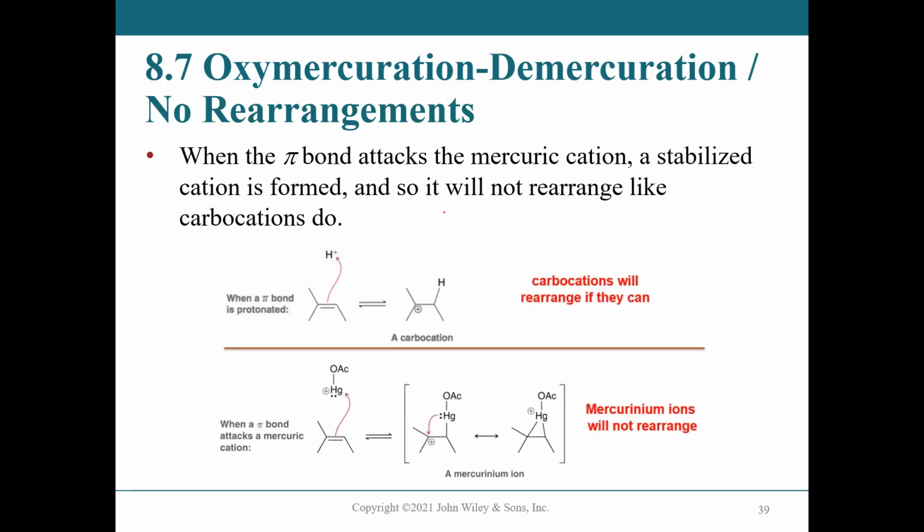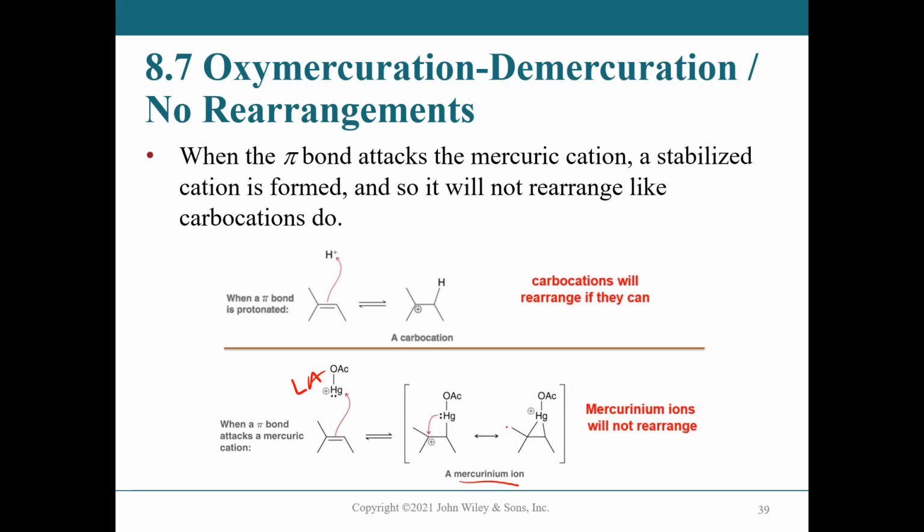So they're showing you the rearrangements, and this is not going to rearrange. When the pi bond attacks the mercuric cation, a stabilized cation is formed. Here it's acting as a Lewis acid, right? It's acting as an electron acceptor. So it accepts those electrons. These electrons push right here, and we have this mercurinium ion.